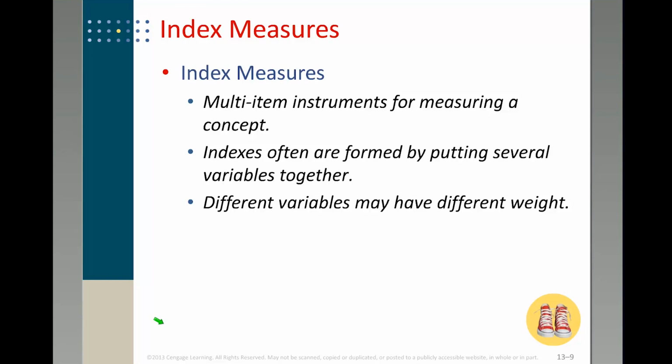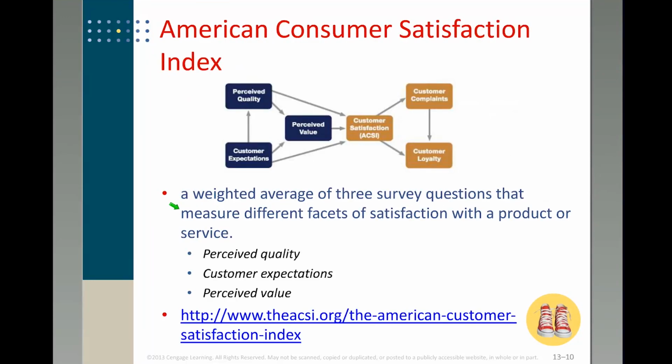And in addition, for index measures, we may also assign different weights depending on the importance of each variable. Okay, here's another example. There's something called the American Consumer Satisfaction Index. I'm not sure whether you are aware of this, but basically they create a weighted average of 3 questions that measure different facets of satisfaction with the product or service.